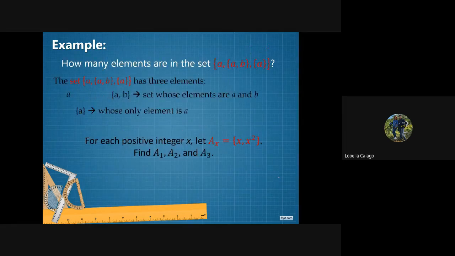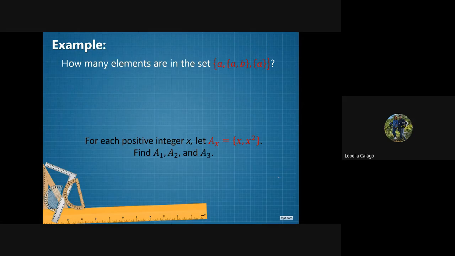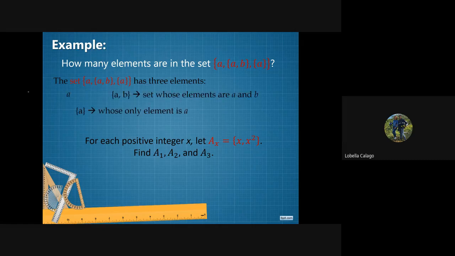Okay, so we have the next, lumabas na. So, how many elements are in the set? So, katulad lang din yung kanina, yung sa ating sheet work, we have 3 elements. So we have the set A, the element A, the set A, and the set AB. So these are the elements under this set.